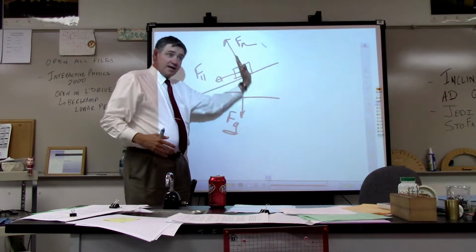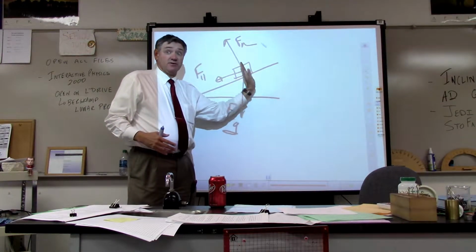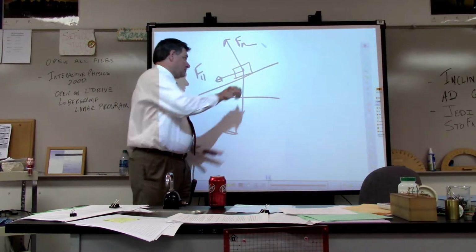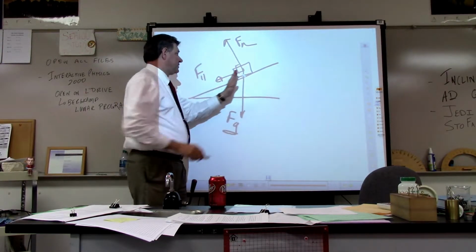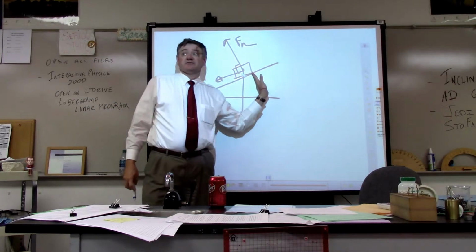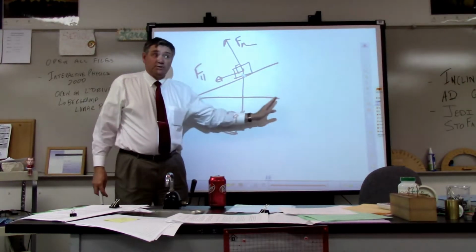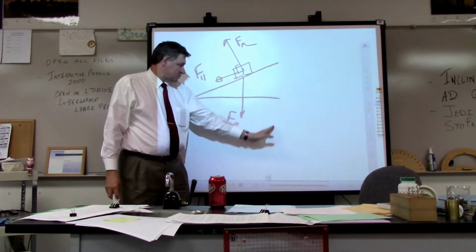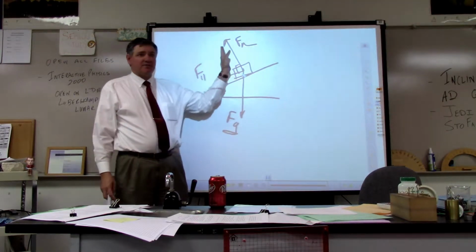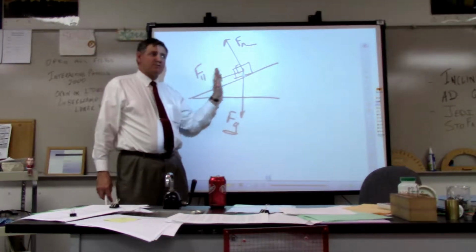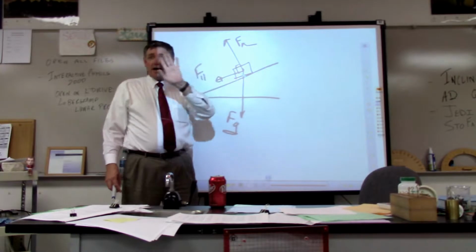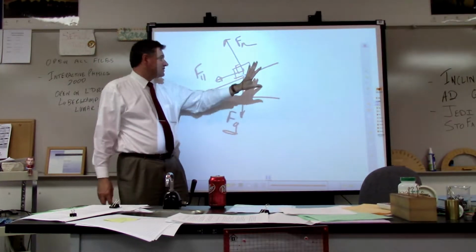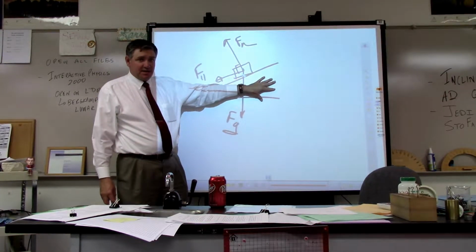It acts at a right angle to the surface. So if you're going to draw it this way, you have to make sure that this is a right angle to this surface. I don't care which one you do. Either draw it as a triangle, or draw it like this if you're a purist going, well, this is actually where the forces are acting. Doesn't make any difference. This is how it has to be set up.